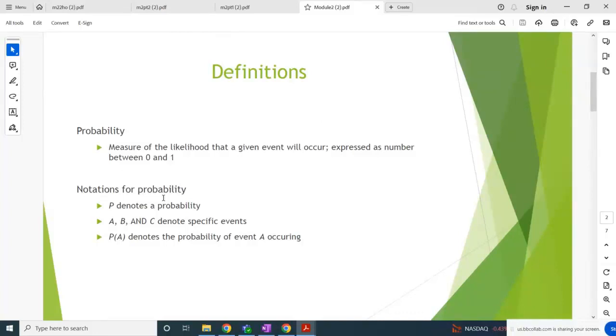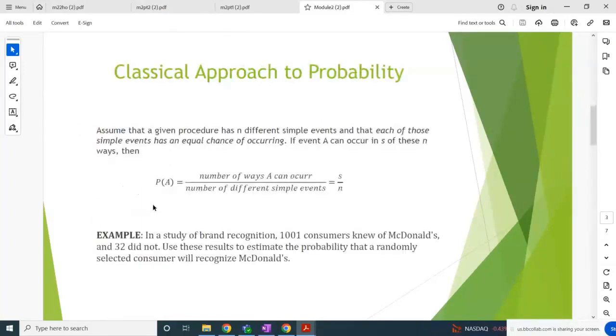We talked about the notations for probability. We talked about the classical approach to probability: the number of ways an event can occur over the number of different simple events. We liken that to a fraction, a part, the part we're interested in, over the whole, or the total amount of items we're dealing with.